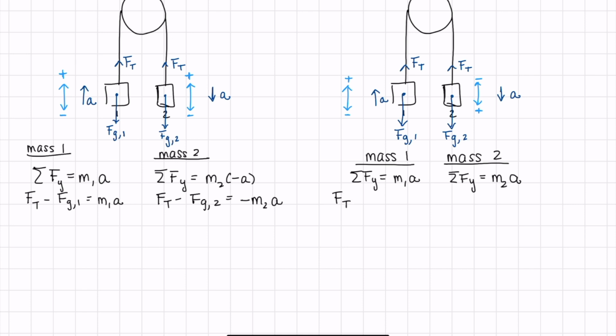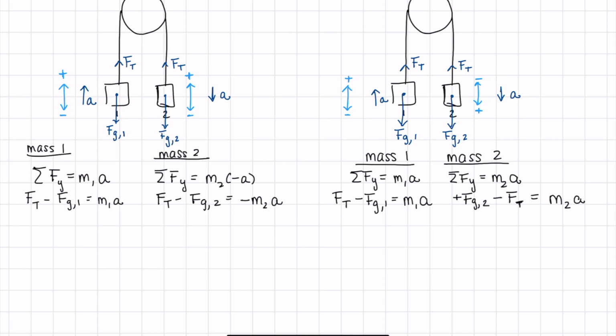We're going to have Ft positive minus Fg1 equals M1A. But for mass 2, now our positive direction is down, so we're going to have plus Fg2 minus force tension, since now upwards is negative, equals M2A.